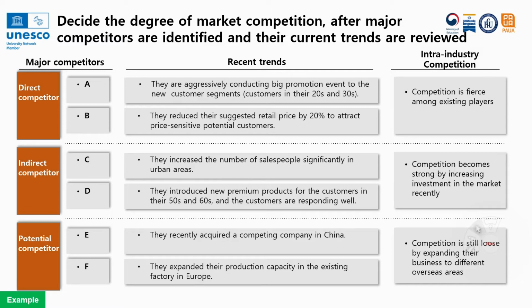If you look at this slide, in each of the 4 different business sectors, we may identify the direct competitors of our business, which might be company A and company B, indirect competitors may be identified as company C and D, and potential competitors of our business are company E and F. Based on our analysis, company A is aggressively conducting big promotion events for new customer segments, especially new targets of customers in their 20s and 30s.